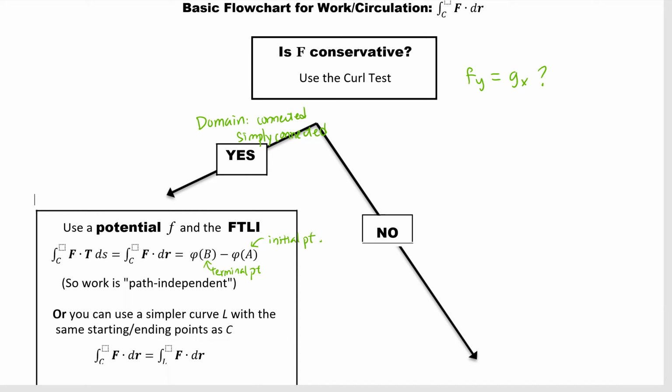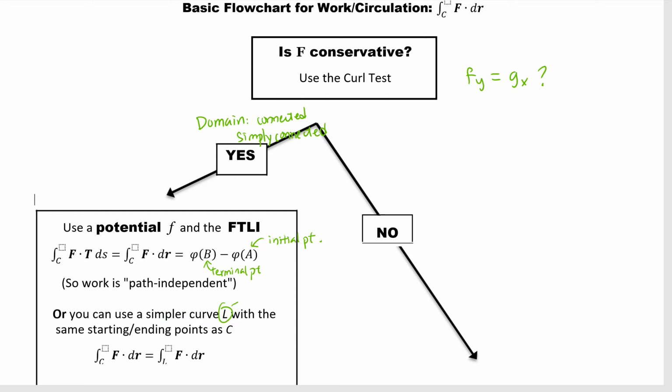Okay, so work is path independent. We don't really care what the path C is, so don't write the parameterization for it. Okay, and then it really just depends on the endpoints. Or we can use a simple curve L. So usually L is like a line segment just connecting those two points B and A.